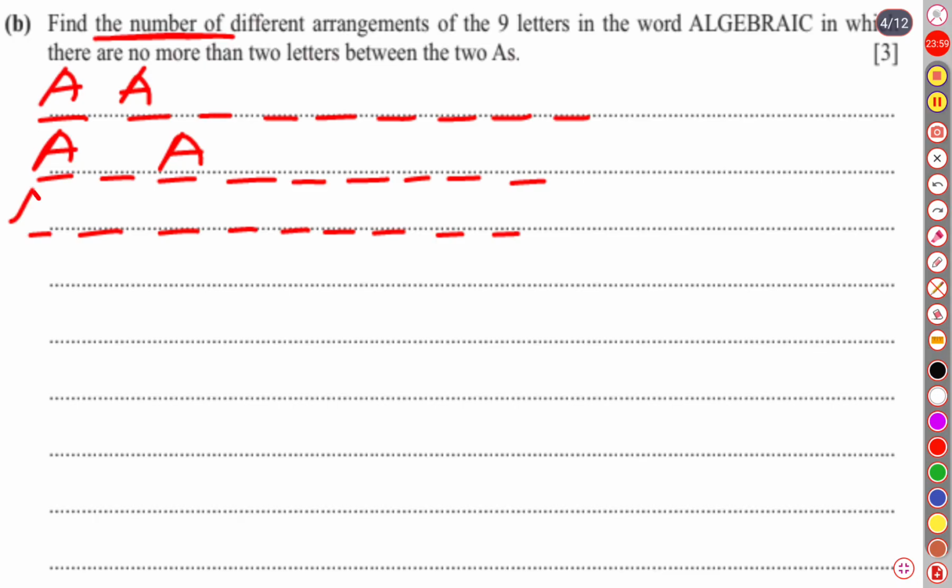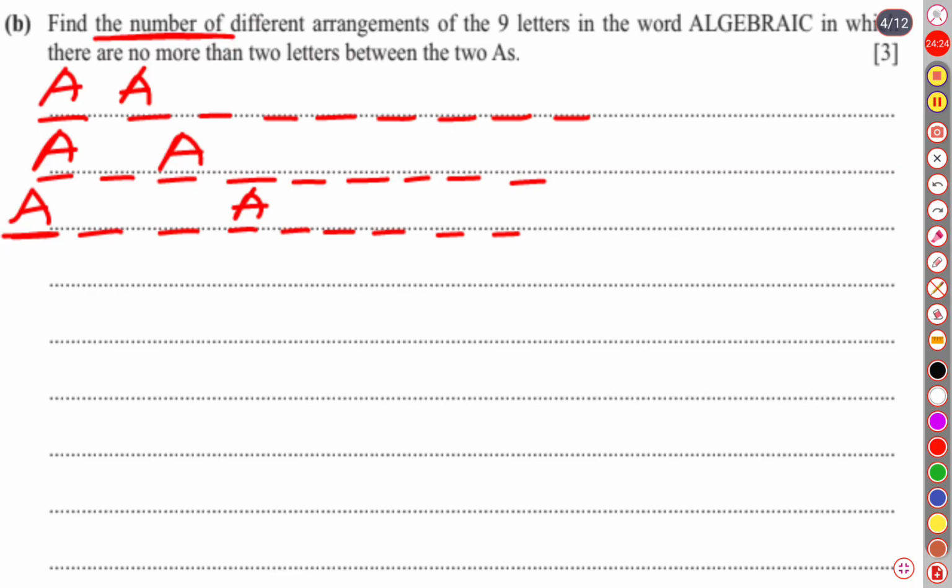So the first letter is A, and in between them there are 2 letters. So these are the 3 possible cases when there are no more than 2 letters. That means there may be no letter in between the A's, or 1 letter in between, or 2 letters maximum in between.